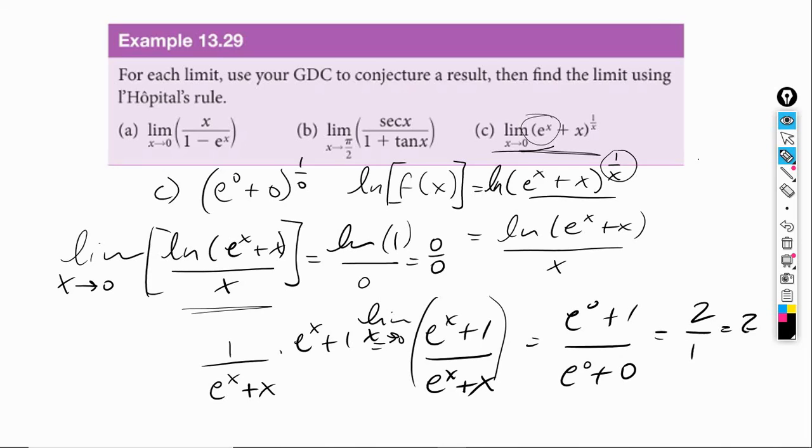But we're not done, right? This is just the limit of the natural logarithm of f of x. That would be the result of doing the limit of this as well, right? So let's write that over here. We would say then that the limit as x approaches 0 of the natural logarithm of f of x equals 2.